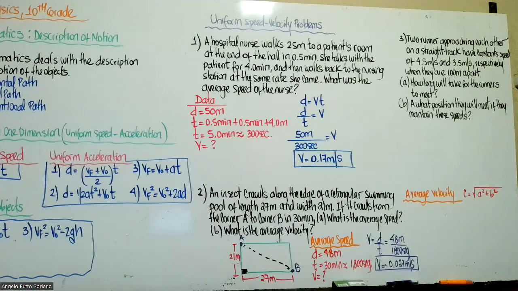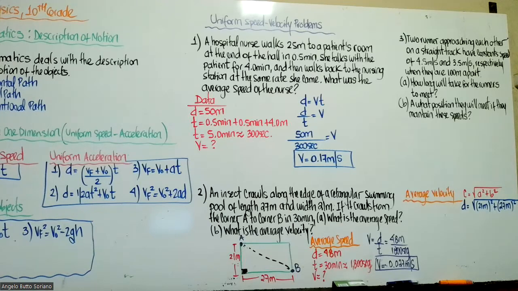Instead of writing C, I'm going to replace C by D, which represents the displacement. A represents the width, in this case 21 meters, squared, plus B represents 27 meters squared.